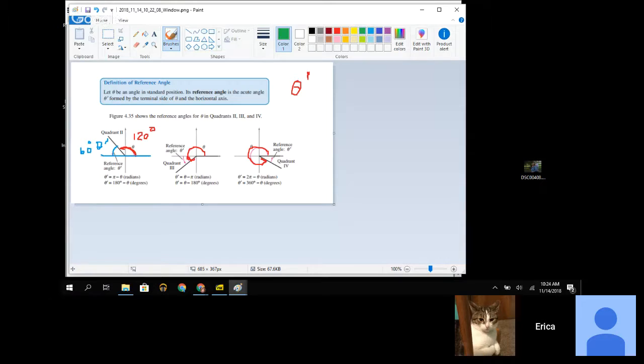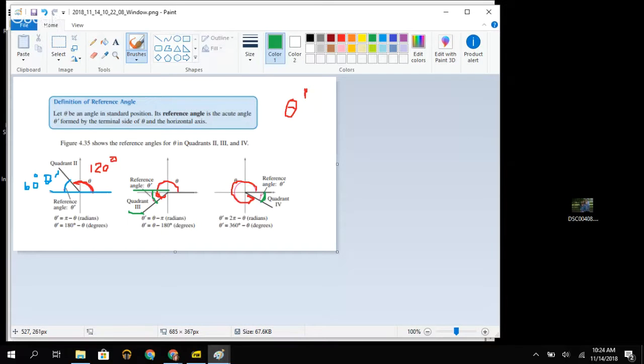Okay, in this one with quadrant 3, you can see the theta with the little apostrophe is the angle that is formed between my terminal side and back to the x-axis again. Okay, and then in the 4th quadrant, it's this angle here that's formed, the last little piece. So you can see how you calculate each of those depending on where you're at. It's really just a visual thing, and a lot of times reference angles are used like in word problems.